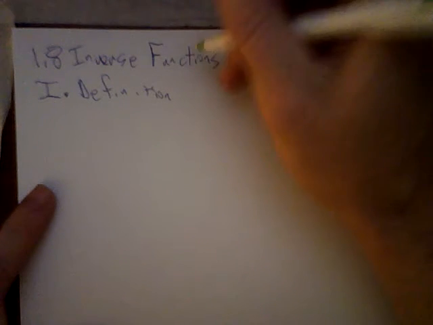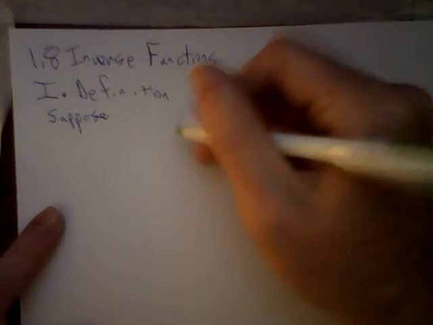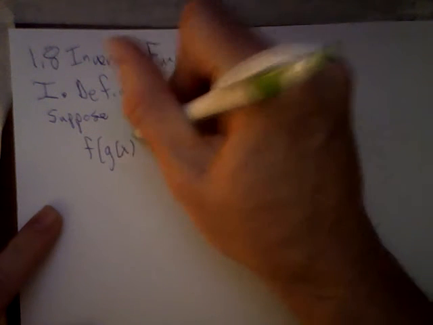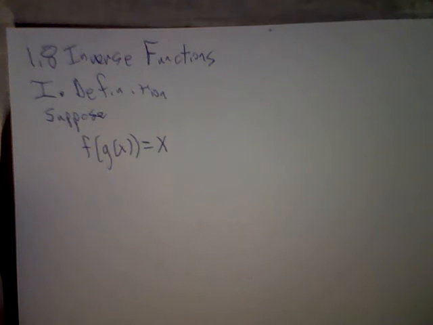Of the inverse functions, and they also call these the cancellation equations. Okay, so we're going to suppose that these two functions, f of x and g of x, kind of undo each other, right? So if you put one inside the other, you get out the thing you put in originally.